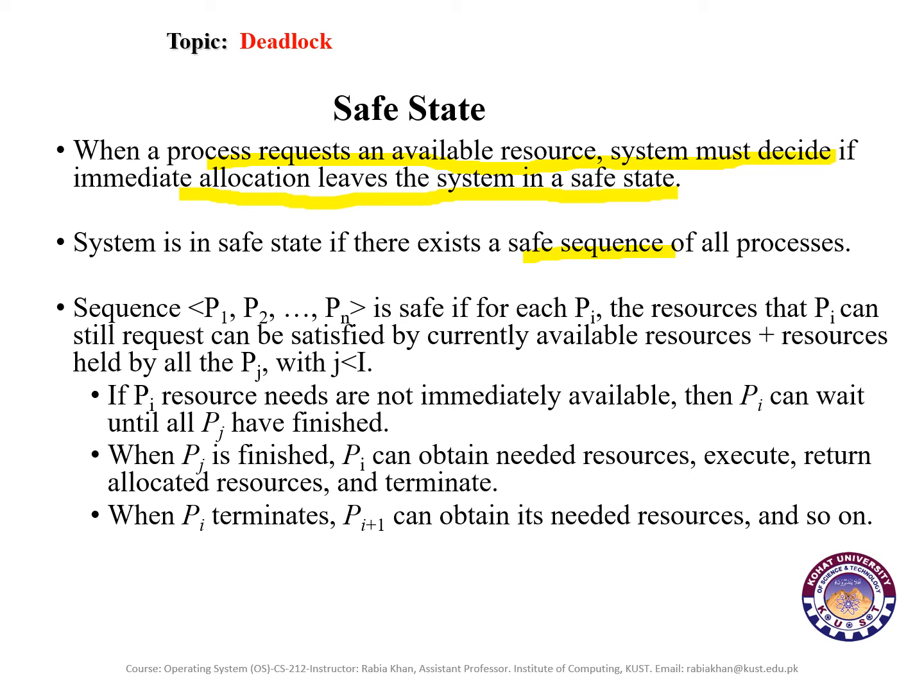A safe sequence of processes is one where the resources requested by a process can be satisfied by the available resources as well as resources held by other processes. If an immediate request cannot be granted, the process must wait until another process completes its execution and releases the resource.